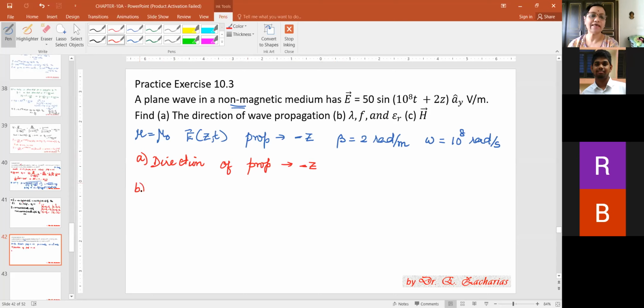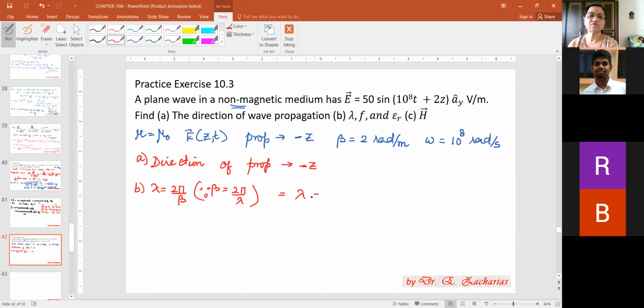Next, find out what is lambda. You know the relationship between lambda and beta. Beta is like k, the wave number. Beta equals 2 pi by lambda. Therefore lambda equals 2 pi by beta.